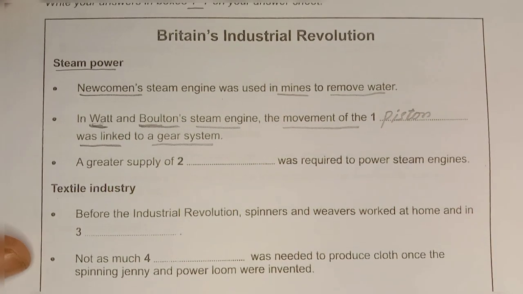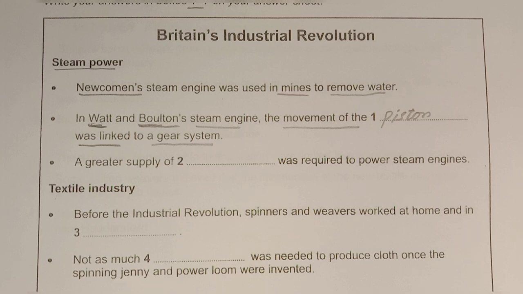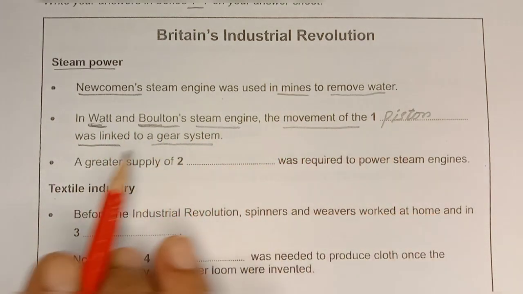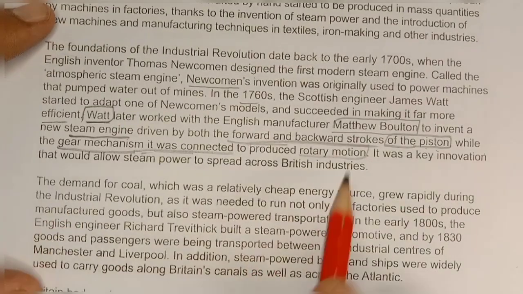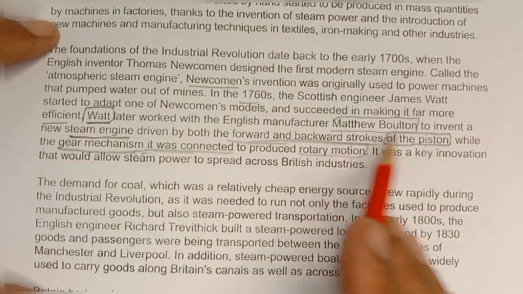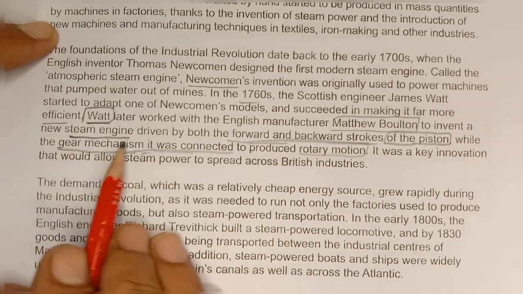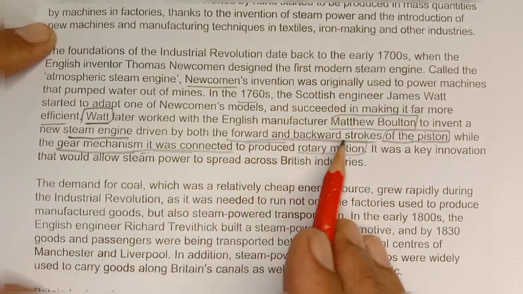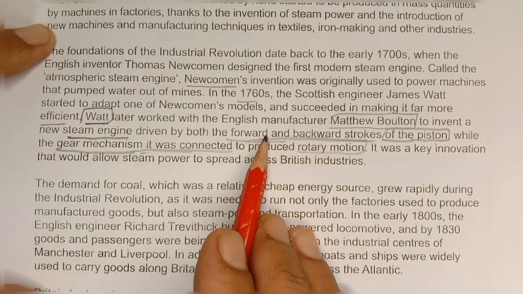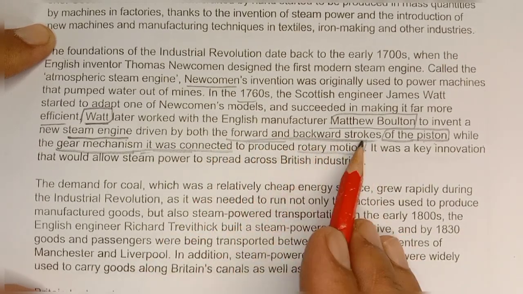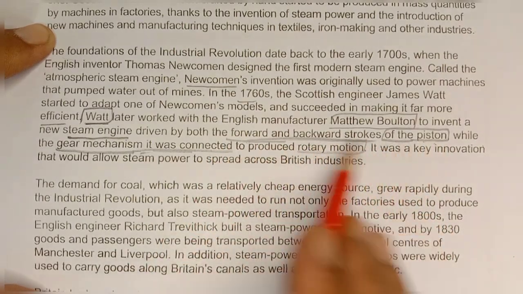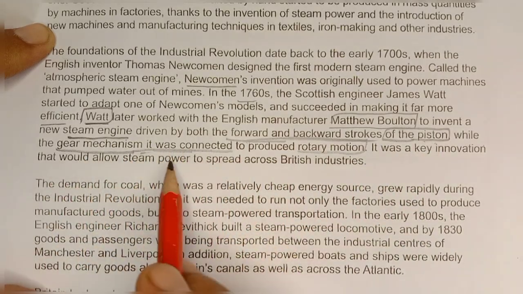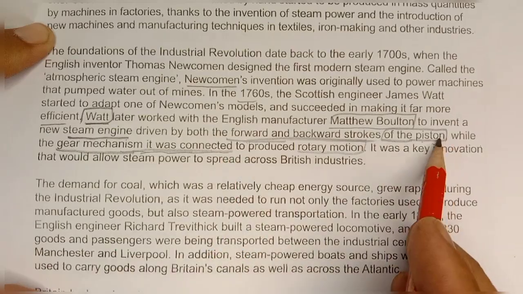This is Watt, this is Matthew Boulton, to invent a new steam engine driven by forward and backward strokes of the piston. That is the movement of the piston, while the gear mechanism was connected with the piston.